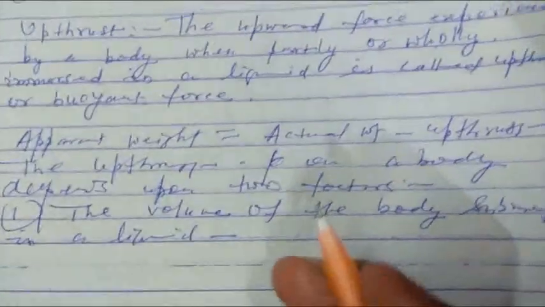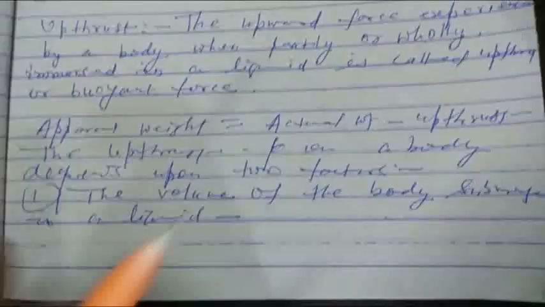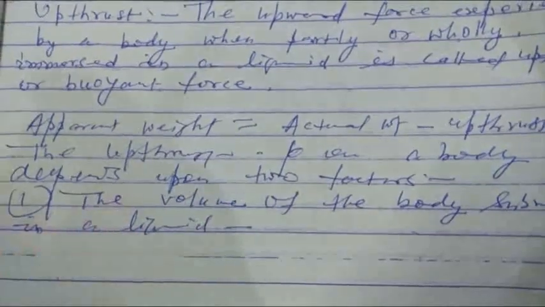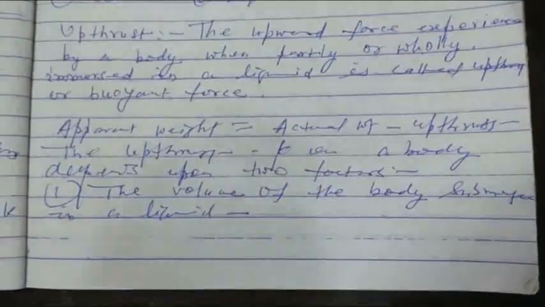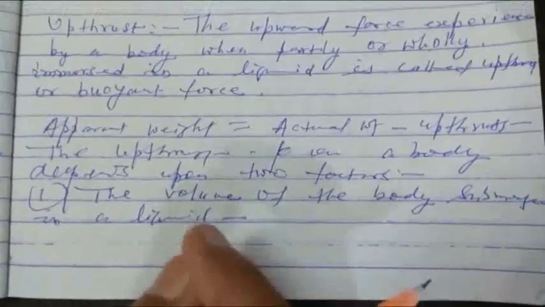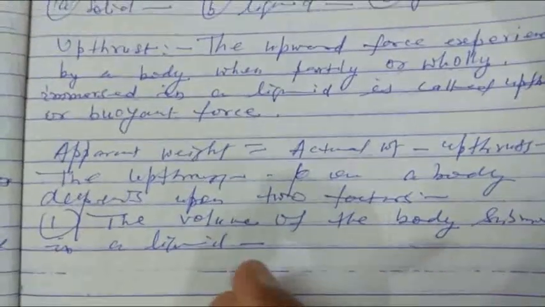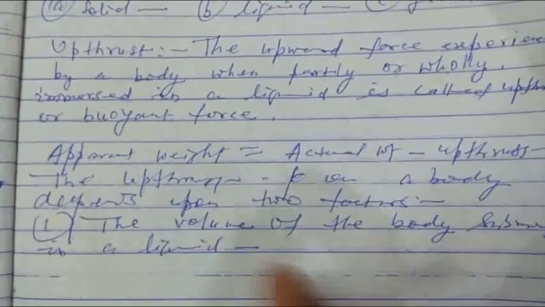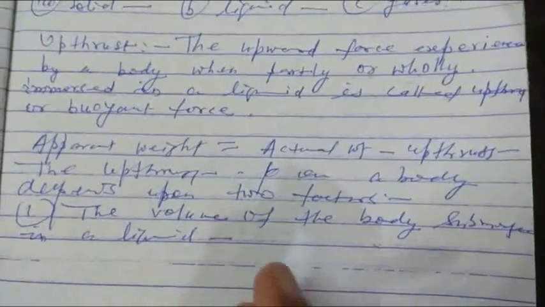Take an example, a bunch of feathers and a stone of the same mass. Allow both of them to fall from the same height. You will notice that the stone falls faster than the bunch of feathers. The reason is that the upthrust due to air on the stone is less than that on the bunch of feathers, because the volume of the stone is less than that of the bunch of feathers.